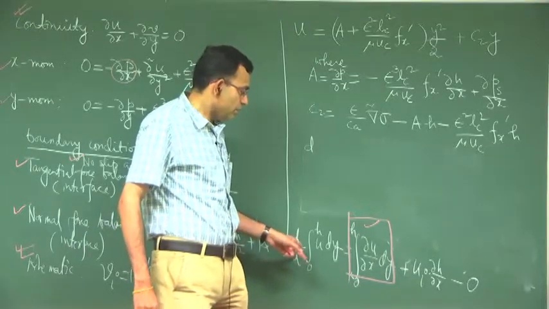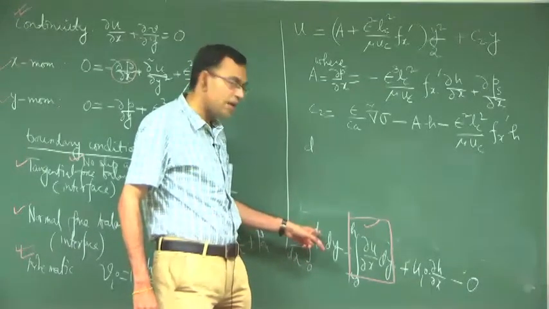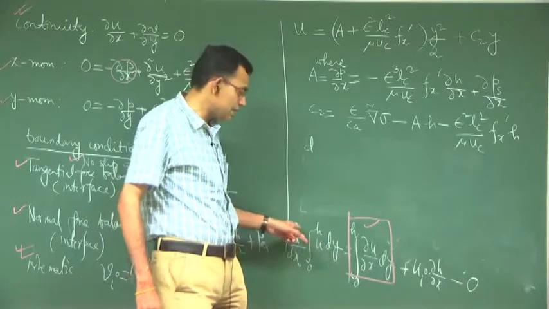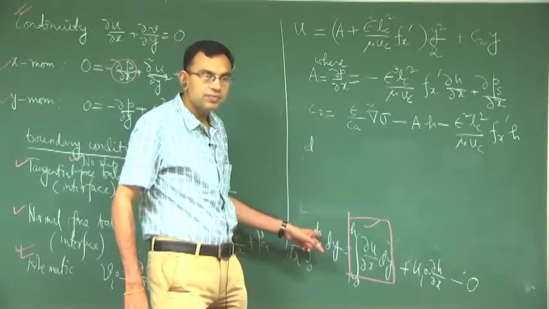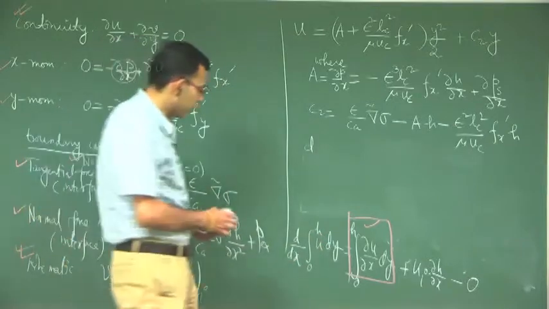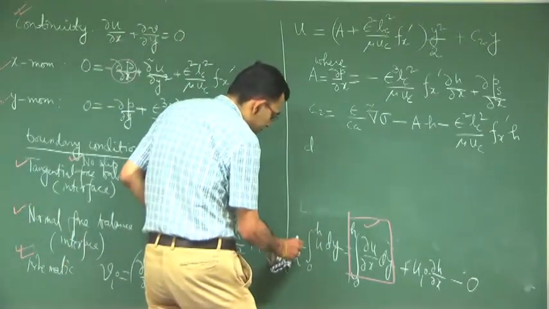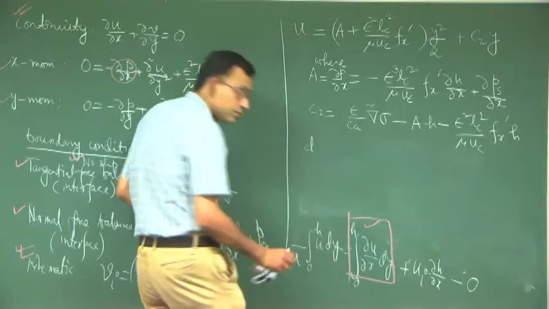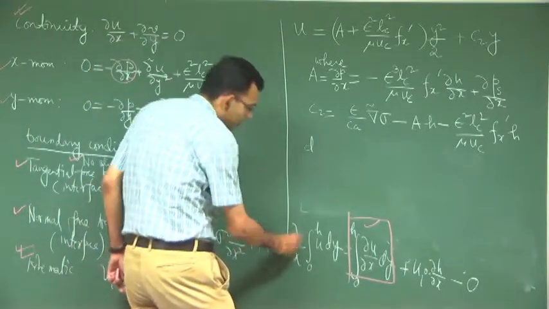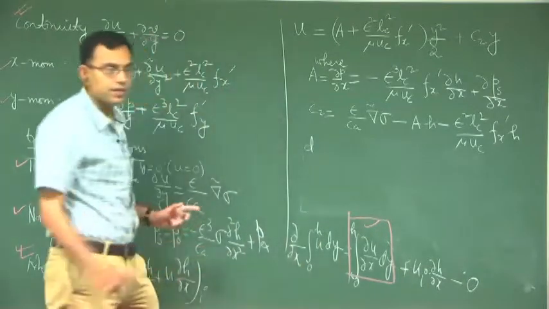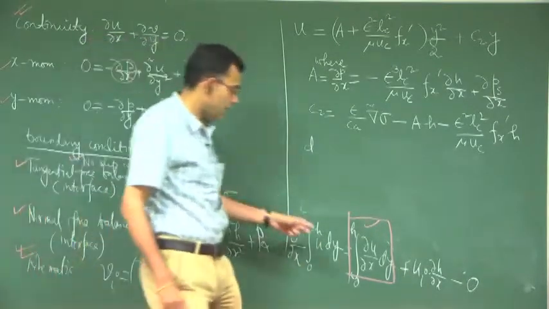See, if this is a function of x only, then this is d dx, but this is a function of both x and t. So, this should actually be replaced by del del x, meaning the same in spirit, but conceptually different.